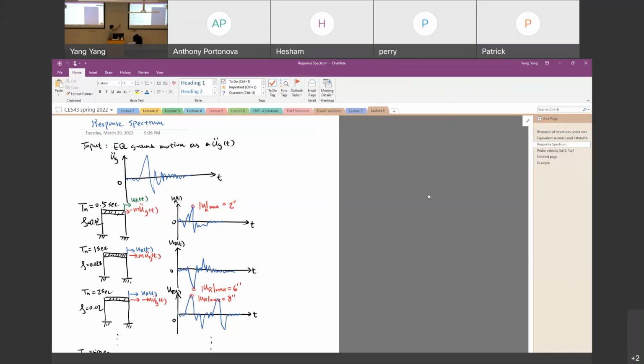So we should be able to get one of the acceleration records that you can see at the top of this slide over here.